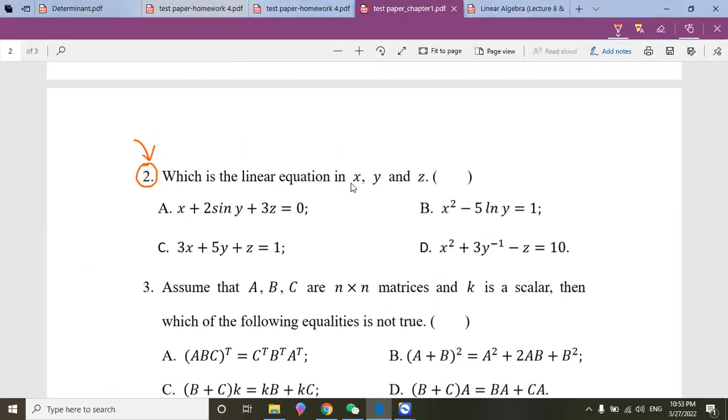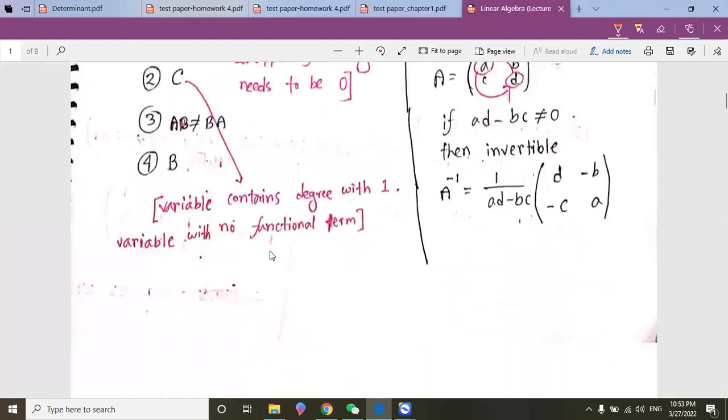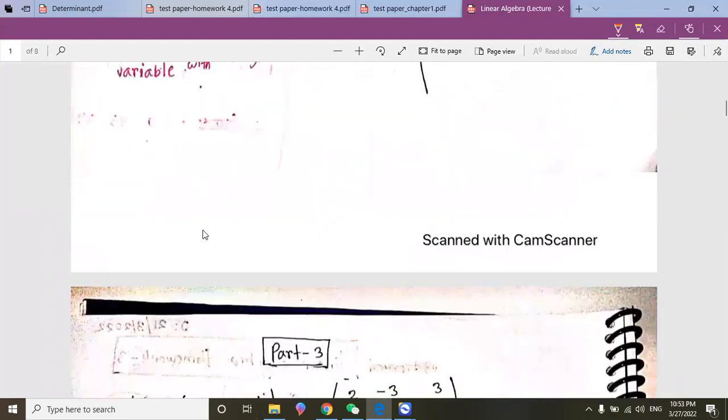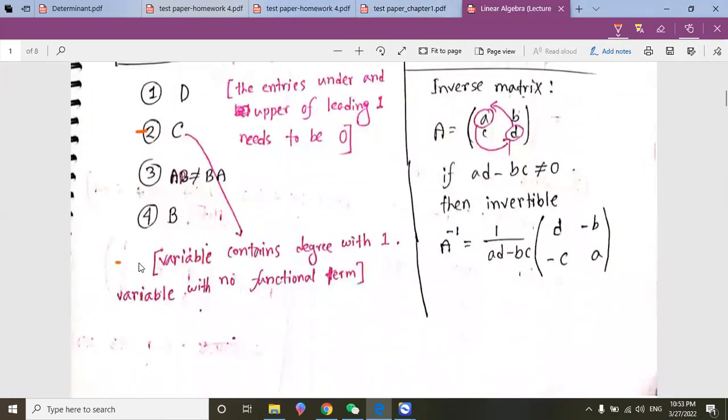Which is the linear equation in x, y, and z? The formula is very simple: variables that contain degree 1 are linear. Variables means x, y, z.